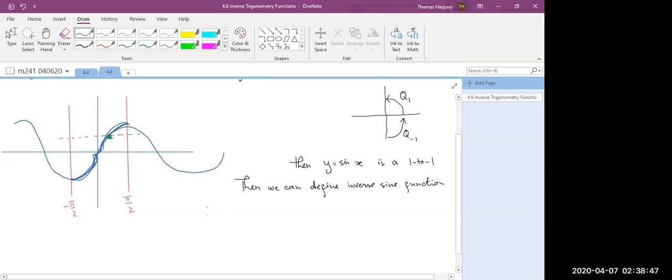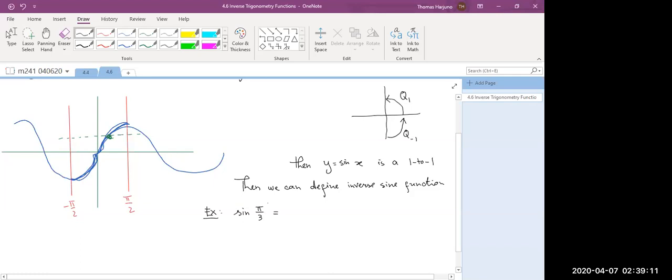Okay, suppose, for example, I need you to memorize something. Suppose I have sine pi over 3. What is sine pi over 3? It's 60 degrees. Pi over 3 is 60 degrees.